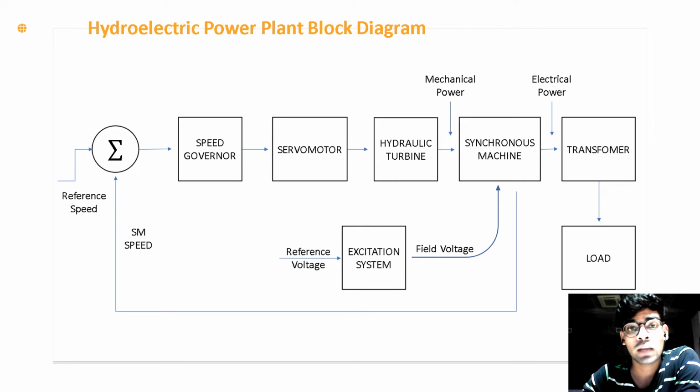Then we have a step-up transformer, which raises the output voltage to a very high level to overcome the different kinds of losses, which we are going to see in further slides. Then there is the load, that is customers.